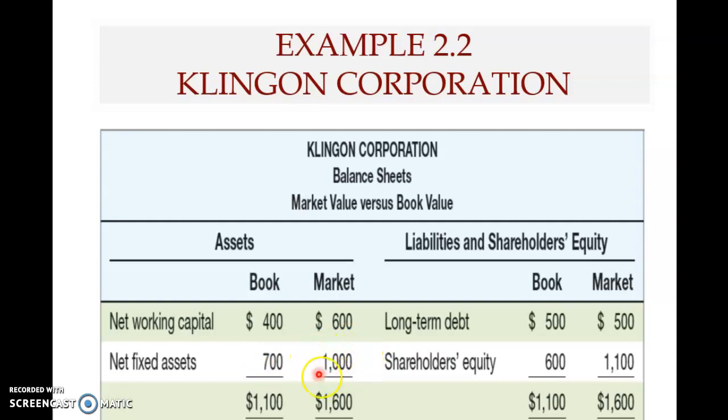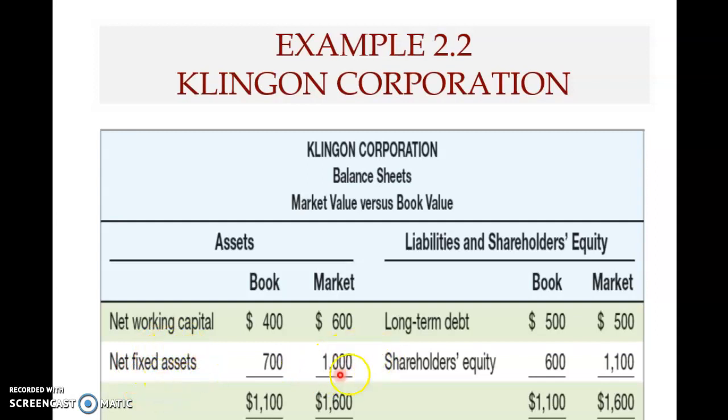Sometimes, the market value can be lower than the book value. This can happen for both net working capital and net fixed assets. This happens when the company has problems, where the market value of the assets falls for some reason. For example, there might be technological changes in the industry, and the company may have assets which have no value now due to technological changes.